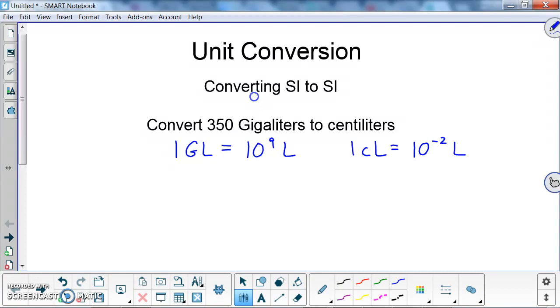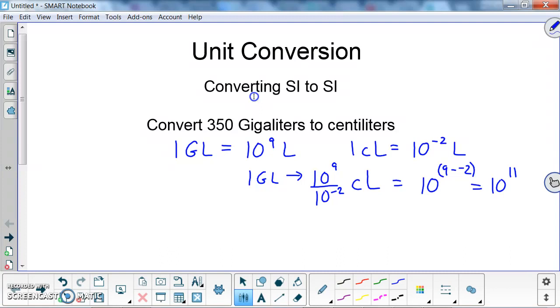And I can use those both to combine to go from gigaliters to centiliters by basically putting 10 to the 9th over 10 to the negative 2 power centiliters, which is going to equal 10 to the 9 minus negative 2 power, or 10 to the 11th power. And so that is the conversion factor. 1 gigaliter equals 10 to the 11th centiliters.